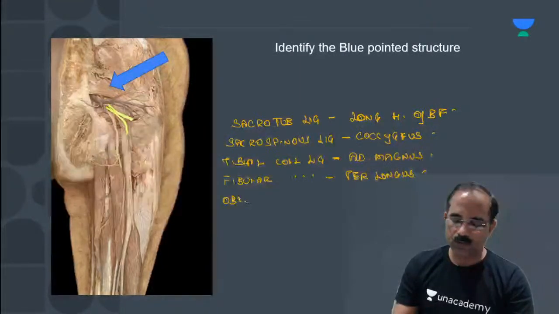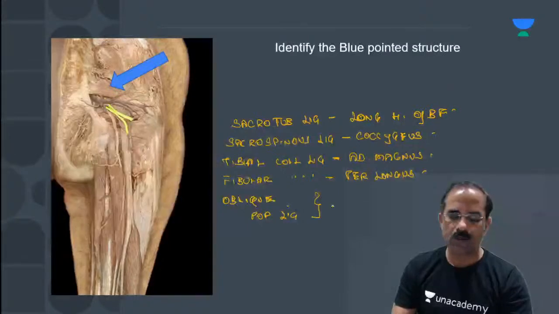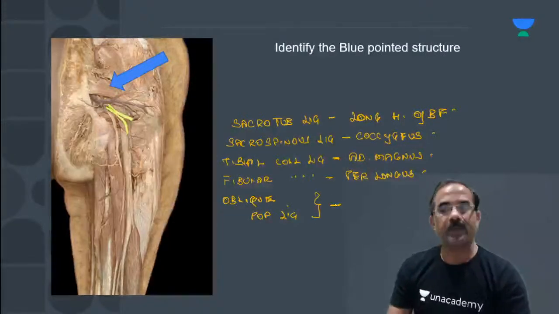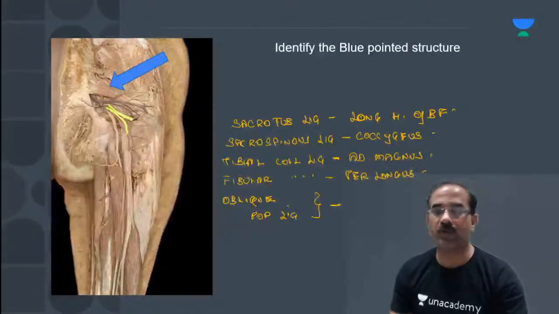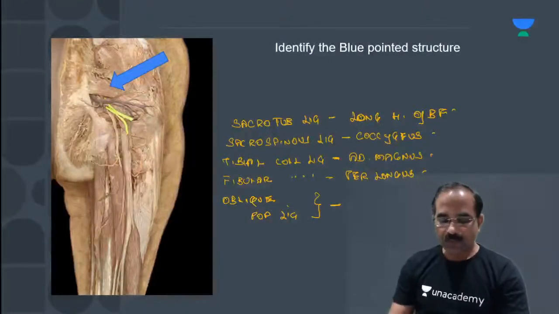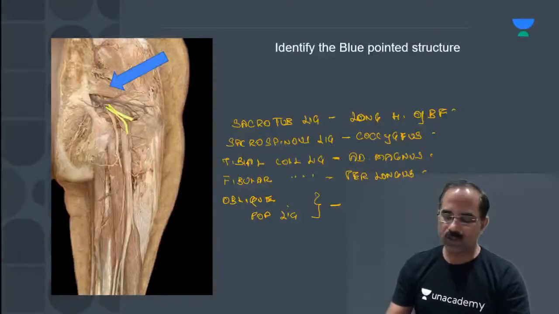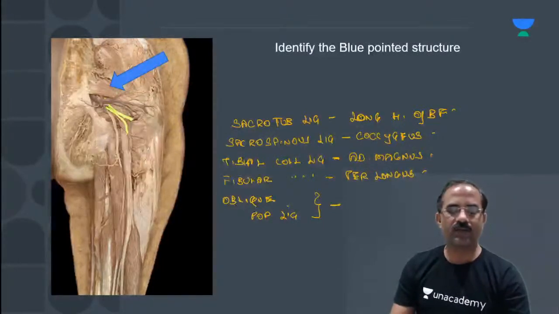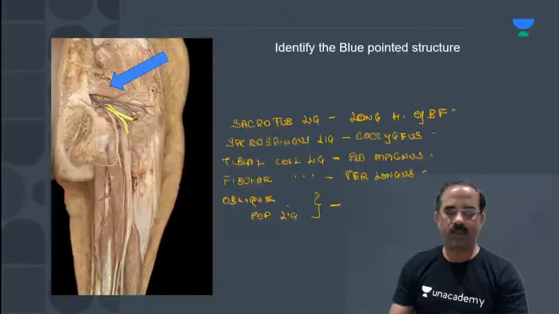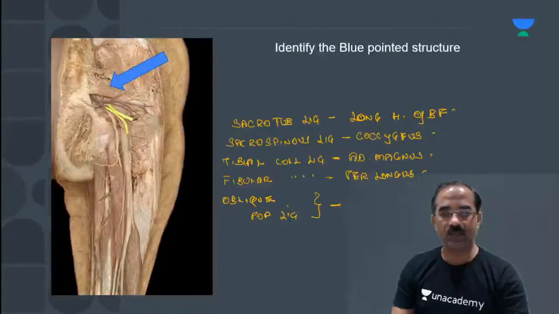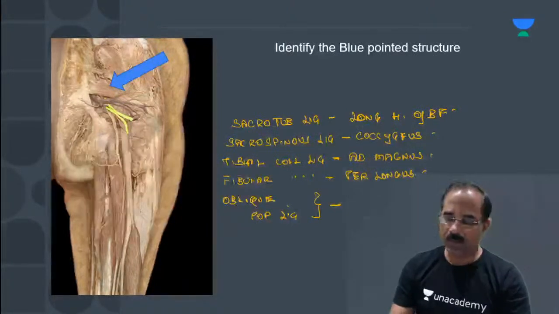And one last, the oblique popliteal ligament. It is a degenerated part of what? Can anyone answer this? This is very important, you need to know this. Because it lies in the popliteal fossa, the answer is semimembranosus.